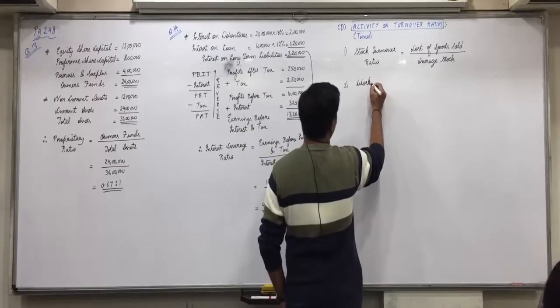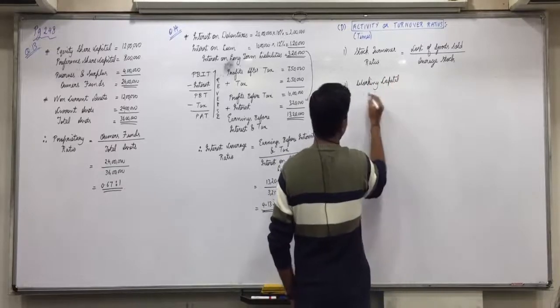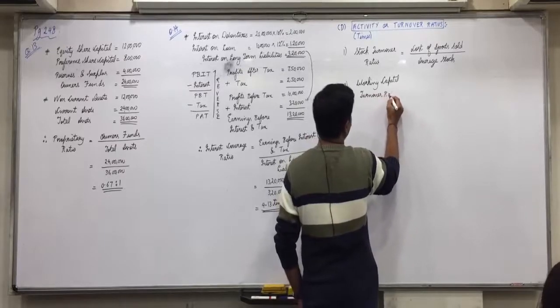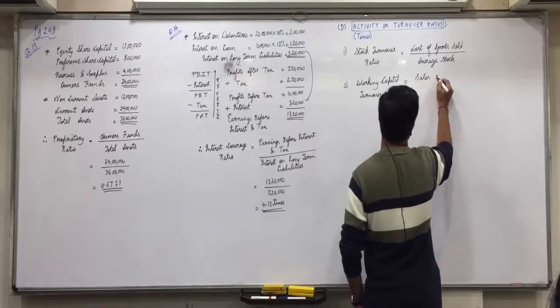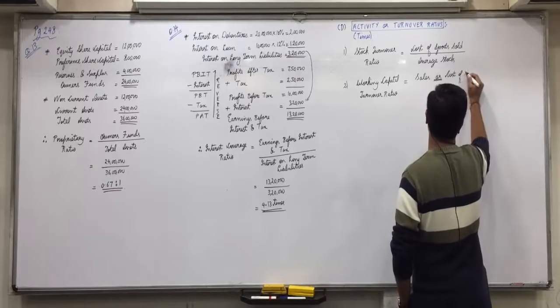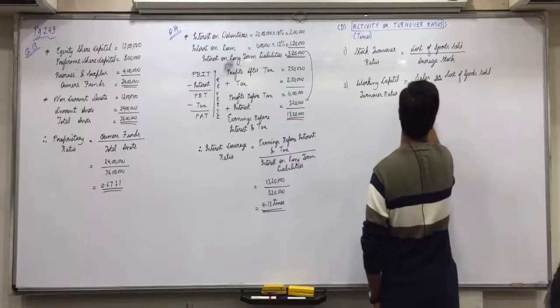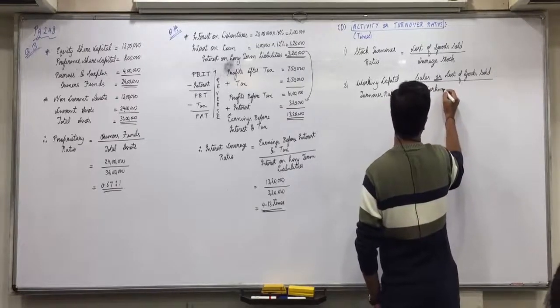Working capital turnover, either sales or cost of goods sold. If nothing is mentioned in the question, then sales divided by working capital.